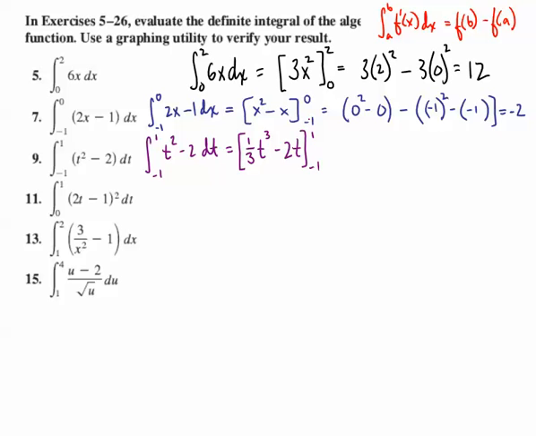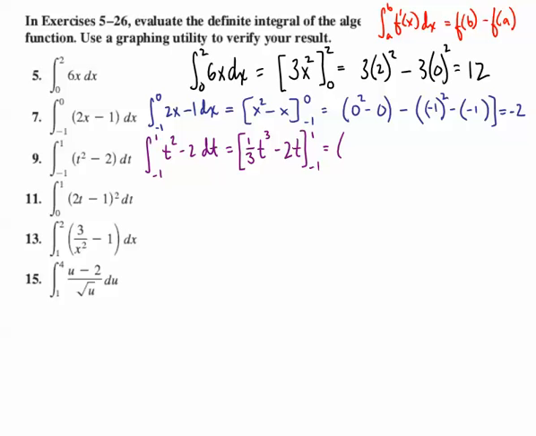So once we take the antiderivative, we're not using the integration symbol and the dt anymore. We put our antiderivative in square brackets and move the limits of integration over to the right side. And then we simply evaluate the antiderivative at the upper limit minus the antiderivative at the lower limit.